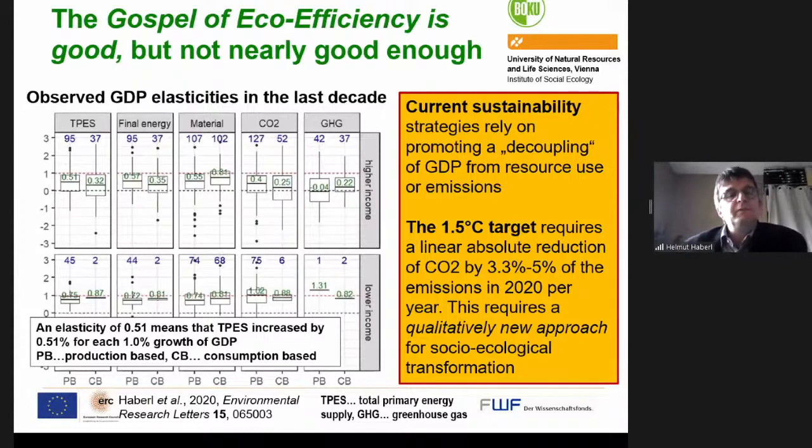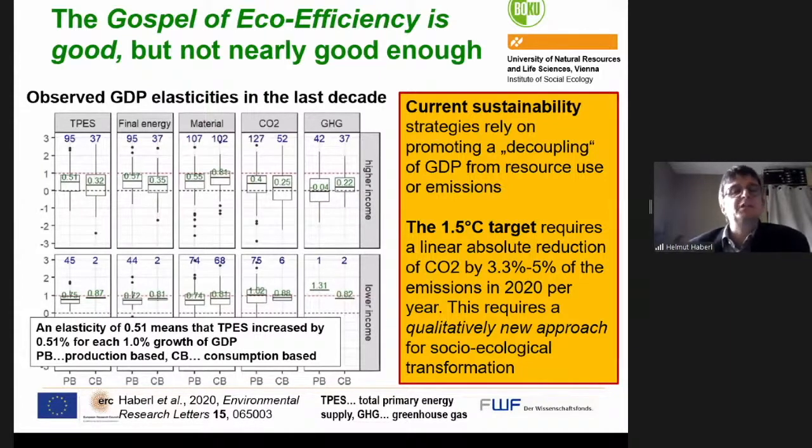The leftmost is primary energy, then we have final energy, then material resources, which is what we will talk about in a minute, what we use to build buildings or infrastructures. Then we have CO2 emissions and greenhouse gas emissions. If you look at the primary energy picture for the high income countries, an elasticity of 0.5 means that if the economy grows by 1 percentage point, we have 0.5 percentage points more primary energy. So we have something called relative decoupling.